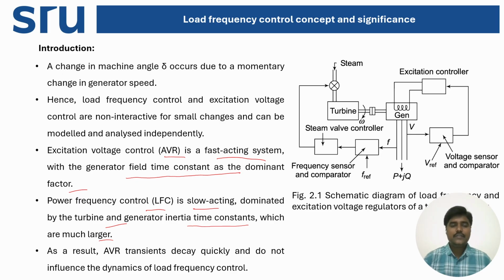Because of these different timings of action for AVR and LFC, AVR transients decay very quickly and do not influence the dynamics of load frequency control. That means AVR will try to complete its job as soon as possible before the LFC is going to control its job. That is the meaning here.